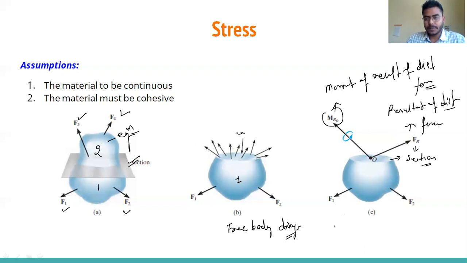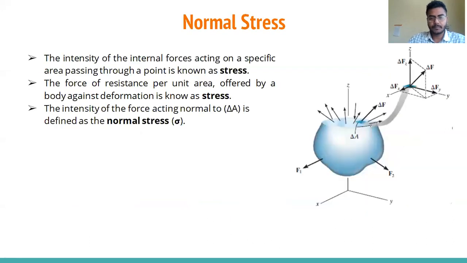Fr is the resultant of distribution forces and Mr naught is the moment of resultant of distribution forces, acting on O, where O is the centroid of the cutout section.